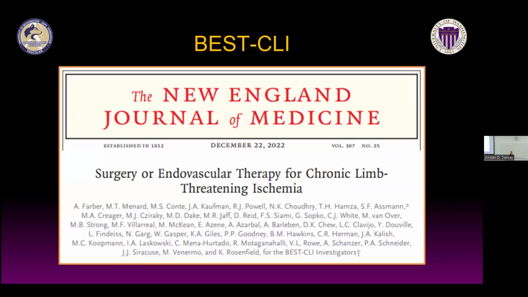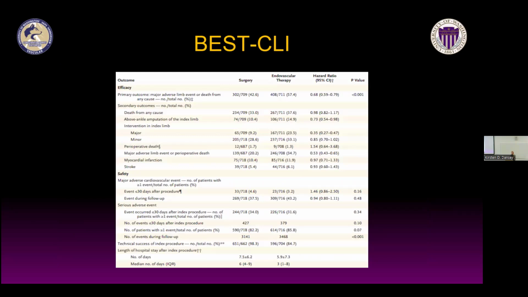Just reviewing the BEST CLI trial, when we talk about infrainguinal disease, this was a randomized controlled trial of about 1,800 patients, 150 sites, published in 2022. The outcomes of BEST CLI reveal that among patients with CLTI for whom both surgical and endovascular interventions are feasible, surgery with greater saphenous vein conduit is superior to the endovascular intervention.